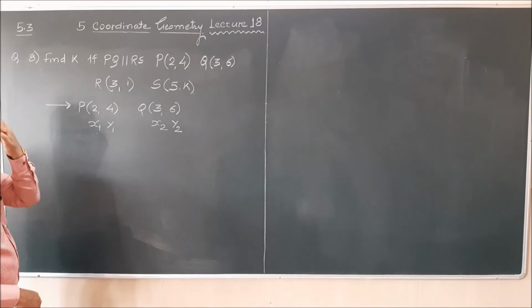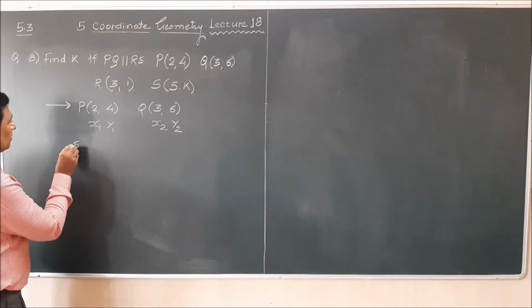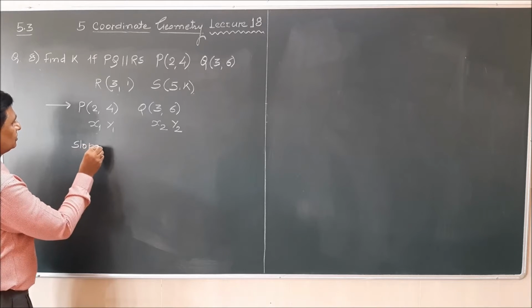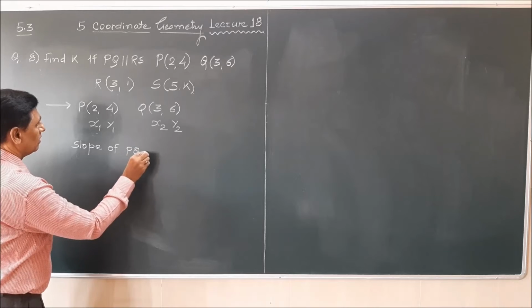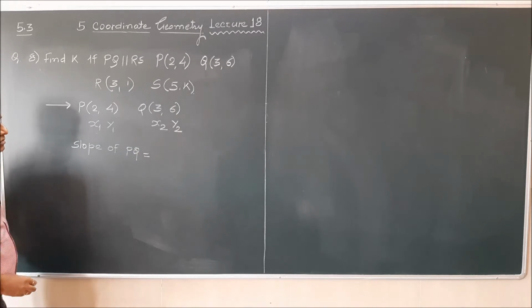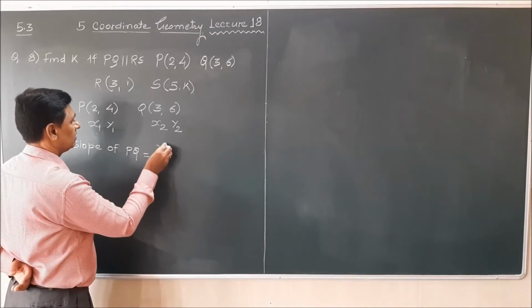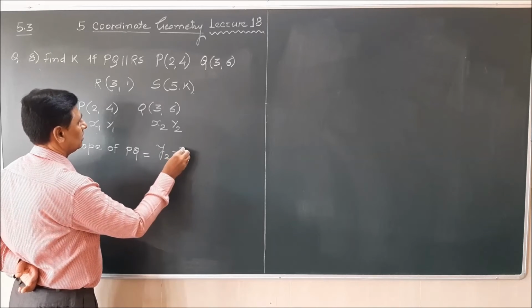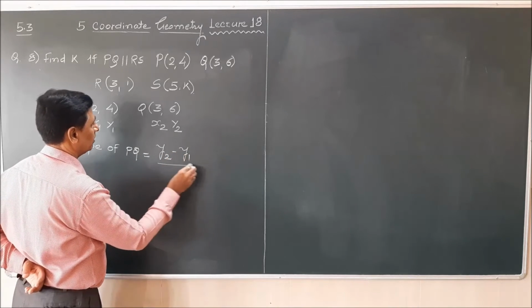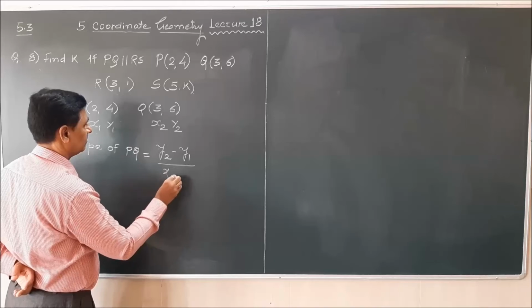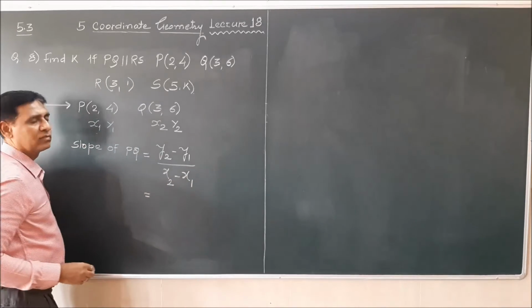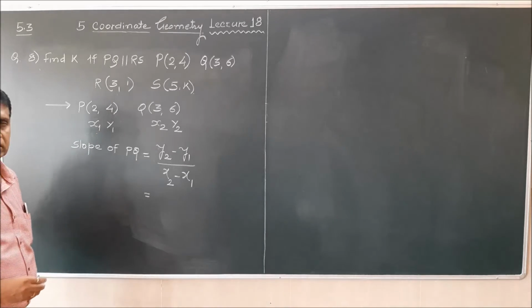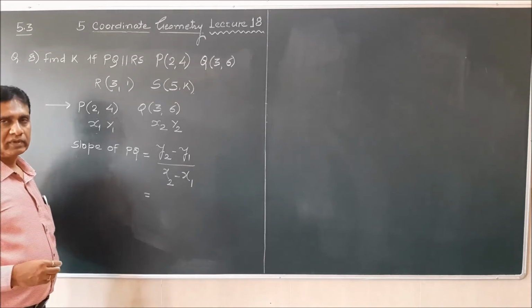So let's see here, slope of PQ is equal to y2 minus y1 upon x2 minus x1, which is slope formula.